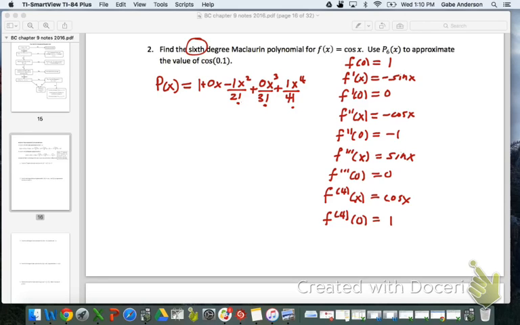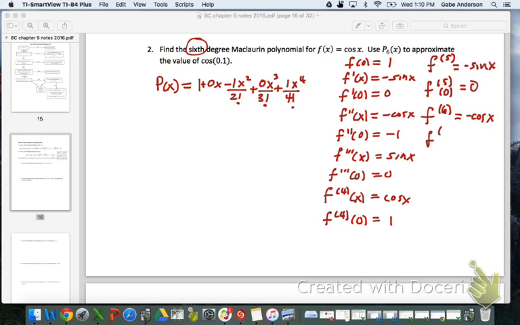Let's see here. Let's go fifth derivative. So the fifth derivative is equal to negative sine of x. And if it's okay with you, I'm just going to recognize that the fifth derivative at 0 is 0, so I'm not going to write this term over there. I'm just going to move on to my final derivative here, the sixth derivative. And that would equal negative cosine of x.